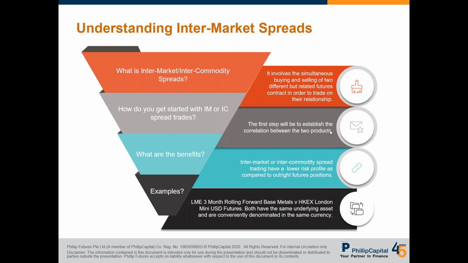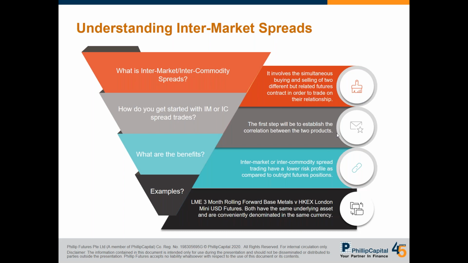The first thing you need to do is establish a correlation between both products. In other markets there are many kinds: crush spreads for agri, crack spreads for crude oil. In this case, for the LME against the Hong Kong Exchange, it can be a form of arbitrage, depending on how you look at it.